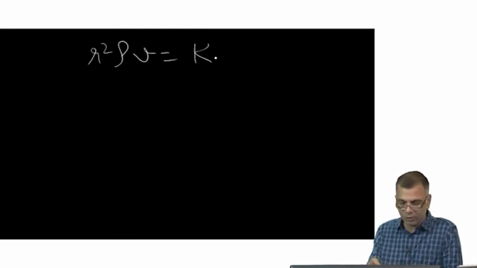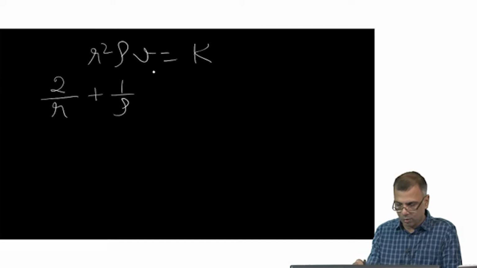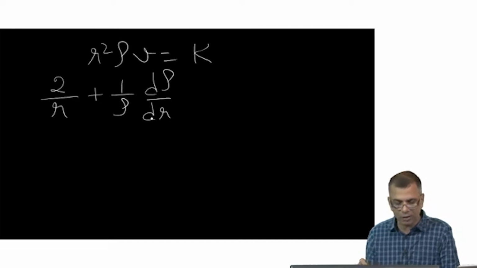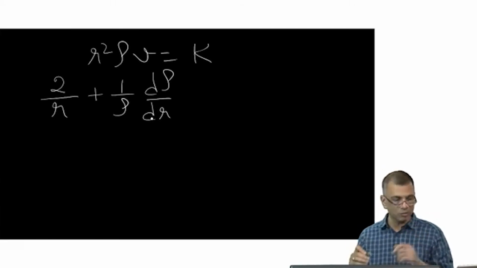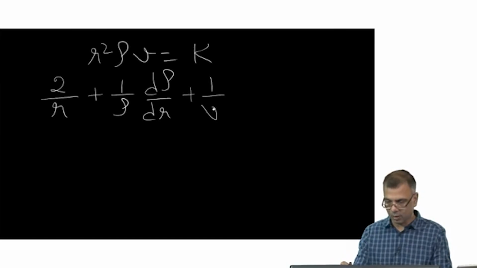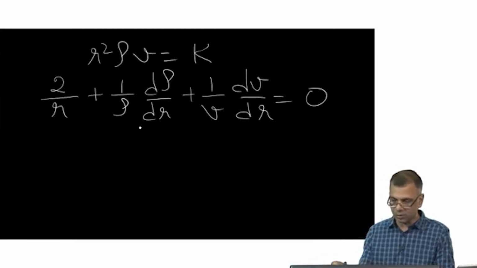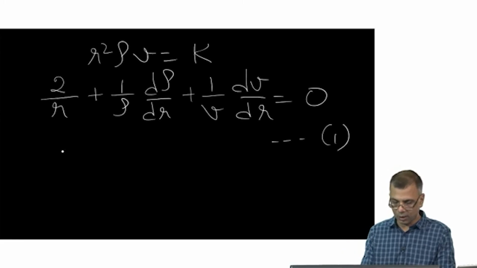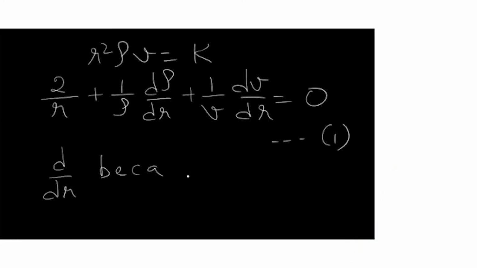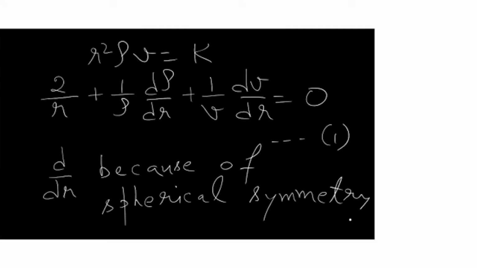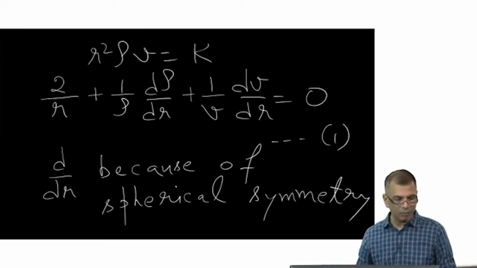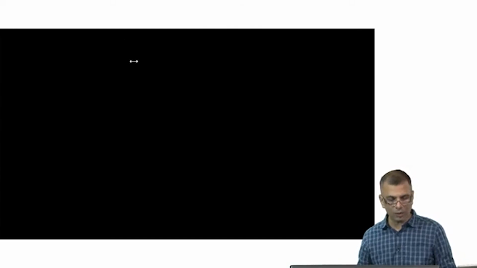When I differentiate both sides with respect to r, the mass conservation equation essentially becomes, remember, these are straight derivatives, not partial derivatives, because of the assumption of spherical symmetry, equal to 0 because dk dr is 0, right. So, this would be equation 1.